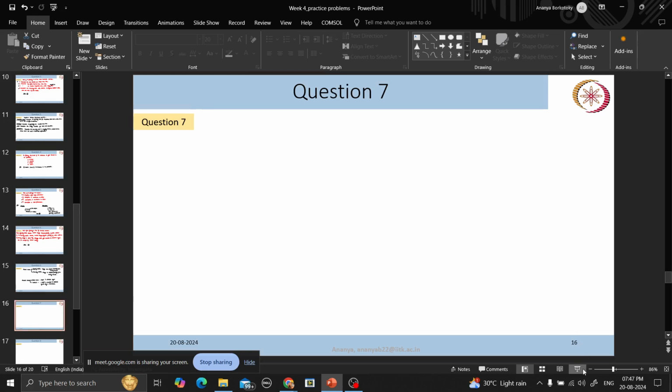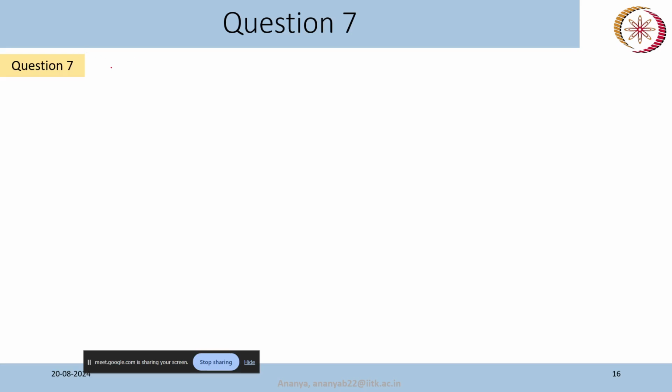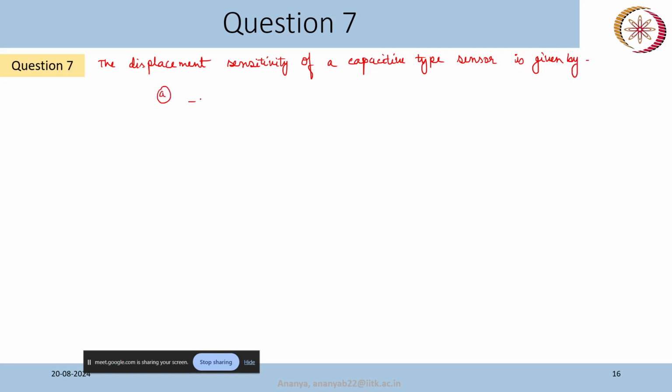We have a few more minutes. Let's quickly go through one more question. The question is, the displacement sensitivity of a capacitive type sensor is given by the following expressions. Option A is minus epsilon naught A by x square.